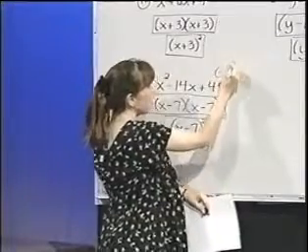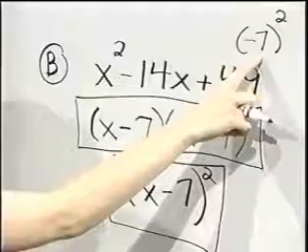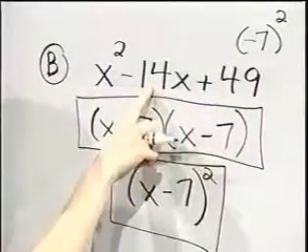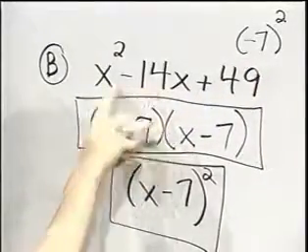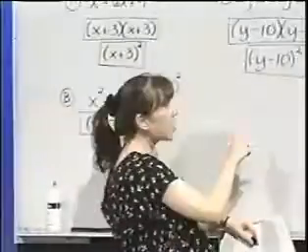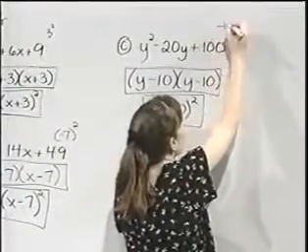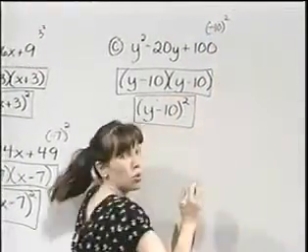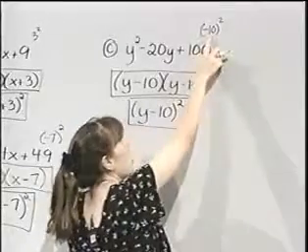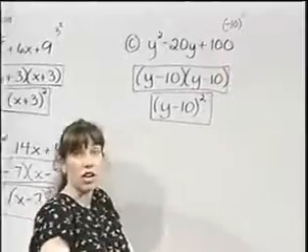It's negative 7 squared. And negative 7, if you double that, you get negative 14. So you know this is a perfect trinomial square. And then we'll look at this example up here. 100. 100 is negative 10 squared. Negative 10, when you double negative 10, you get negative 20, and therefore this too is a trinomial square.